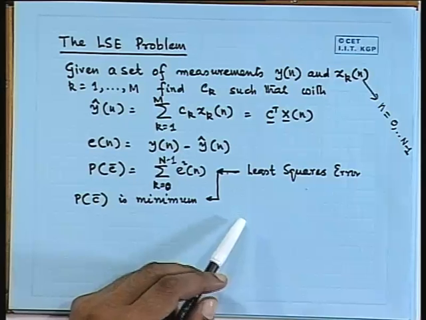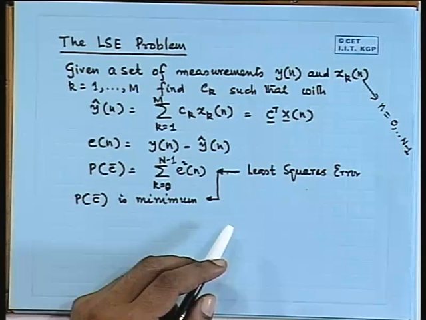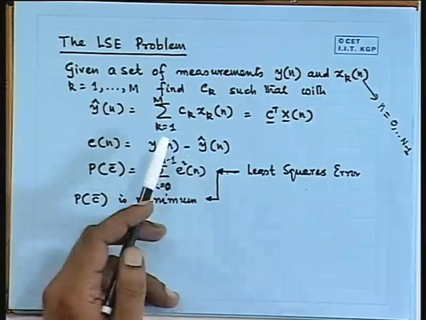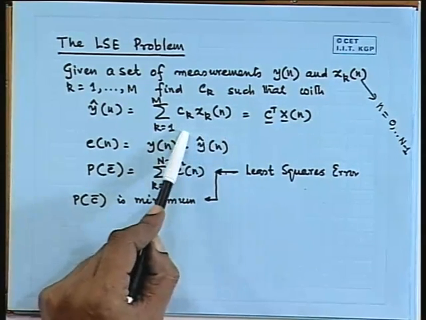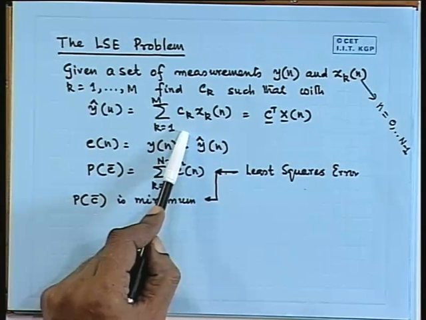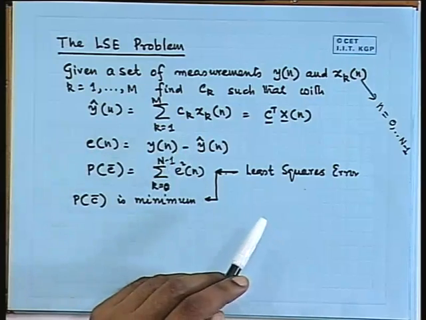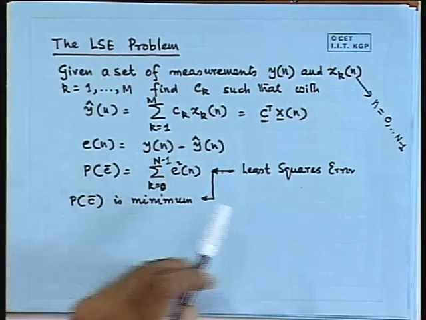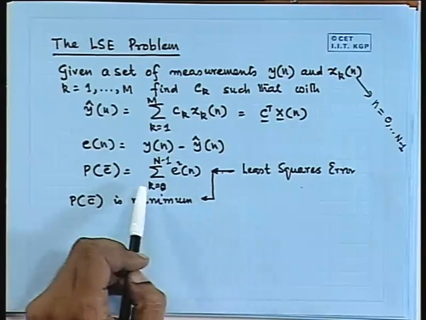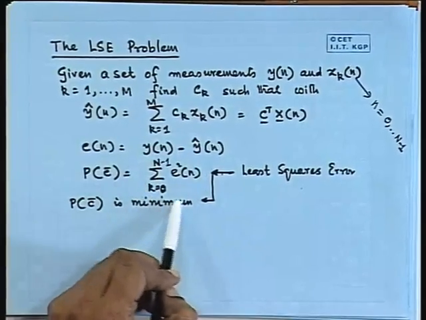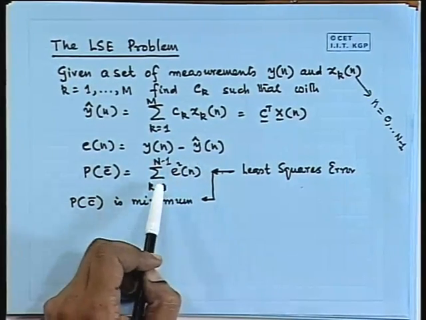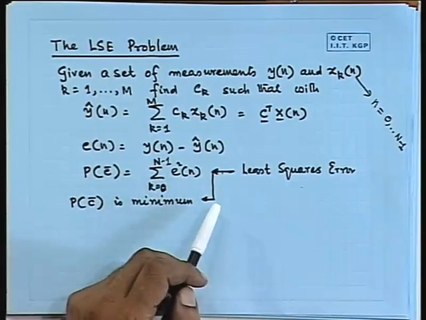So what is the difference with the minimum mean square error problem? It's very similar. There also we wrote exactly this equation and formed this error. Only thing is that there, rather than writing this, we wrote expectation of E square n, if you recall.